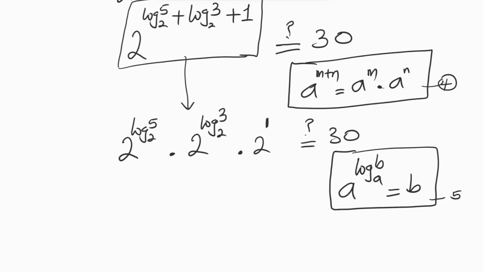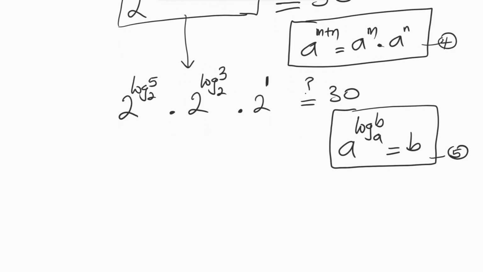Let's call that our 5th rule. Okay, so let's apply this 5th rule to what we have on the left-hand side. So if we do that, this becomes 5. This becomes 2 raised to power log 3 base 2 becomes 3. Multiplied by that. 2 raised to power 1 is 2.